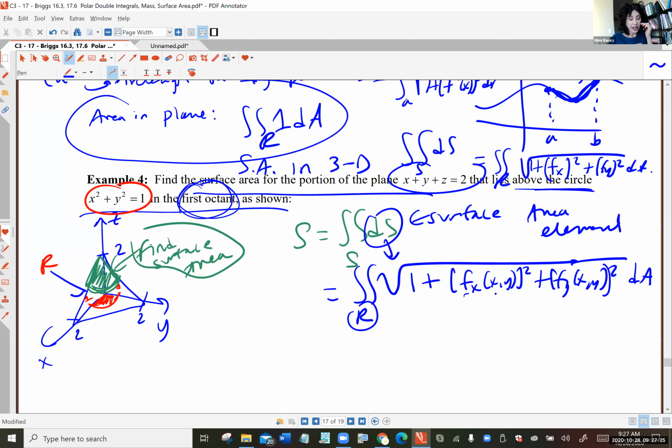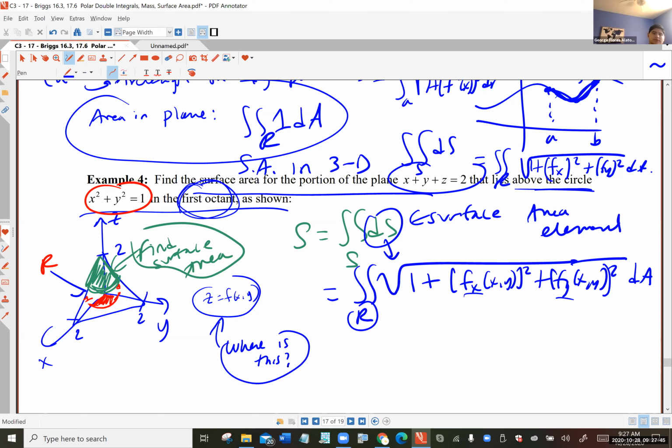Now, who's fx and who's fy? What is the function that we're even working with? Because normally you would hope that they give you the surface as an equation z equals f of x, y, but I'm lacking that right now. So where is this? You just use the plane equation for z? Yes.